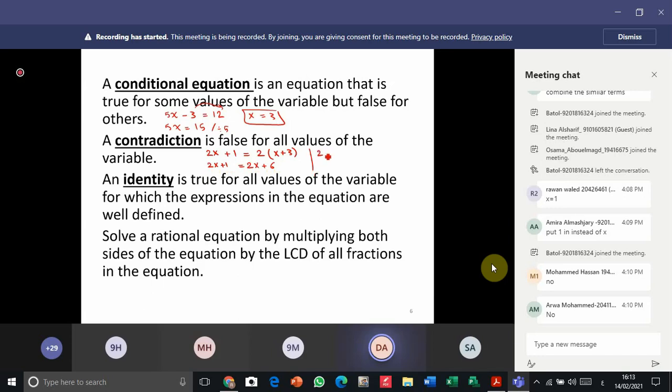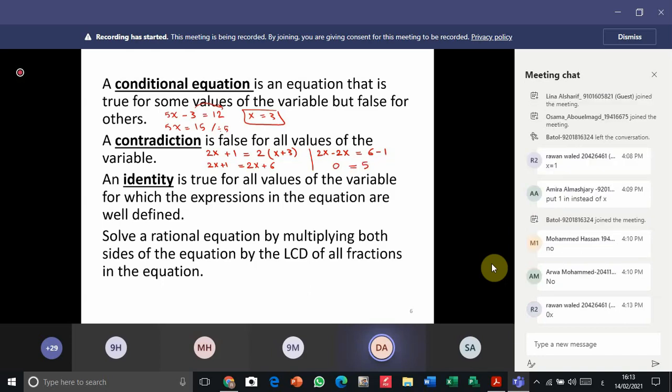Move the plus 1 to the right hand side, move the 2x to the left hand side, we have 2x minus 2x equal 0 and 6 minus 1 equal 5. So 0 equal 5. This is impossible. So this equation is a contradiction. I don't have any solution for this equation.